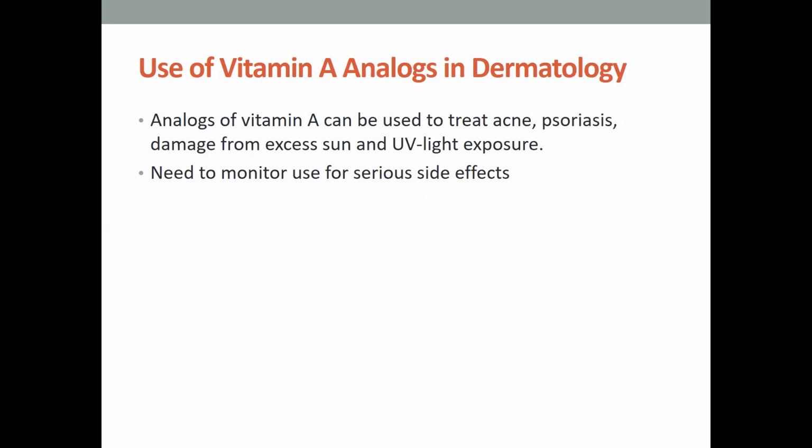If you also think about your skin and sort of turning over your skin cells, vitamin A helps with that. That's why we actually use certain analogs of vitamin A to treat acne, psoriasis, and damage from excess sun and UV light exposure. So vitamin A and pro-A carotenoids and all those different types of products are found in skin creams, anti-aging formulas, also just special skin creams.